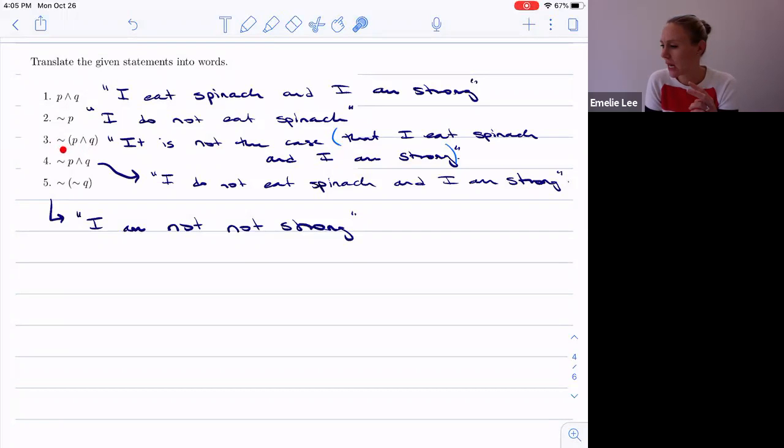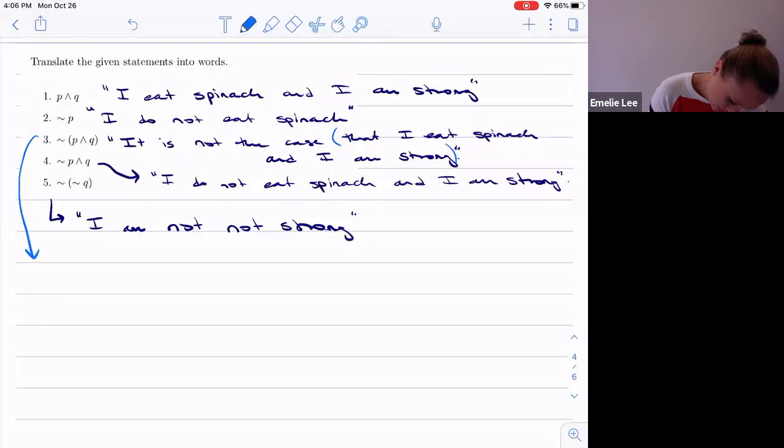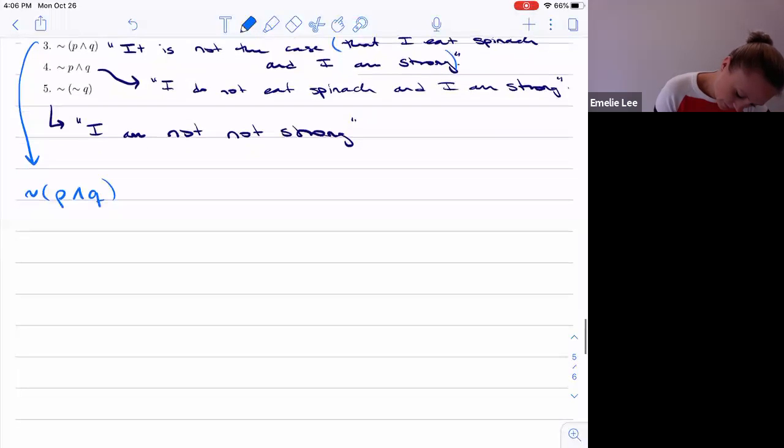And I don't actually have the properties of how they distribute. But I will say that not P and Q is not the same as not P and not Q.